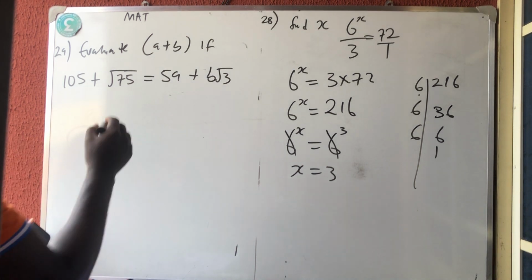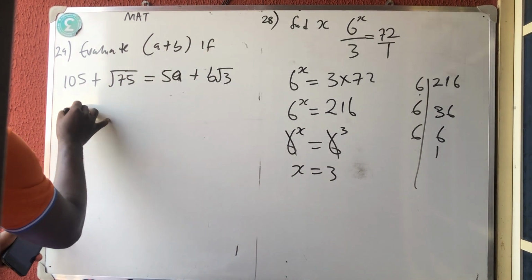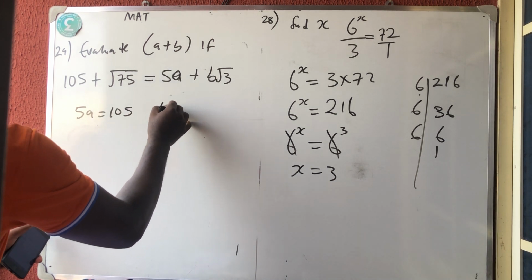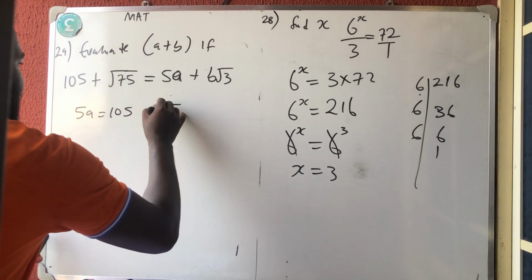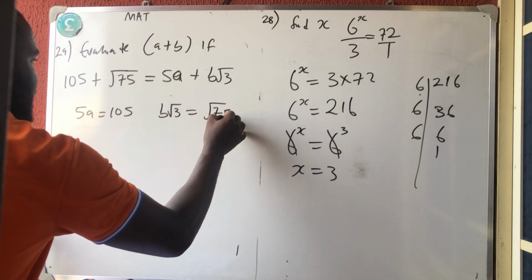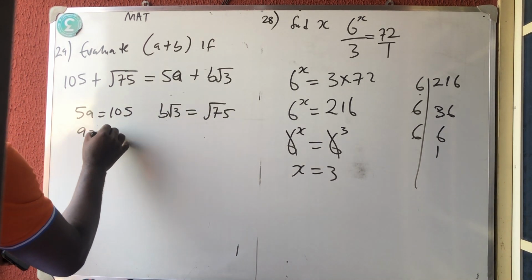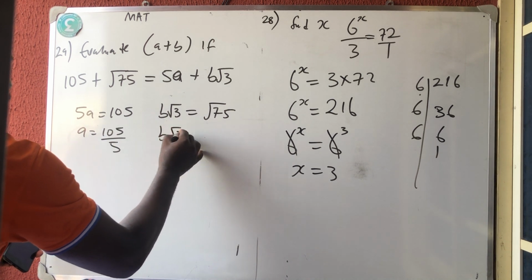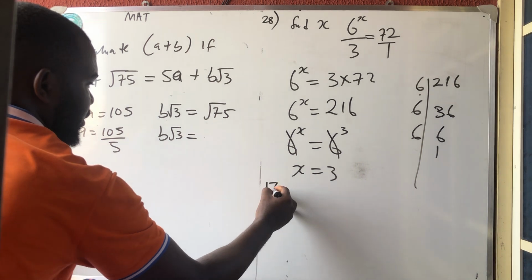Equate the one that is not in root to the one that is not in root, which is 5a is equal to 105, and b root 3 is equal to root 75. So therefore my a is 105 over 5, and b root 3 is equal to, reduce 75.